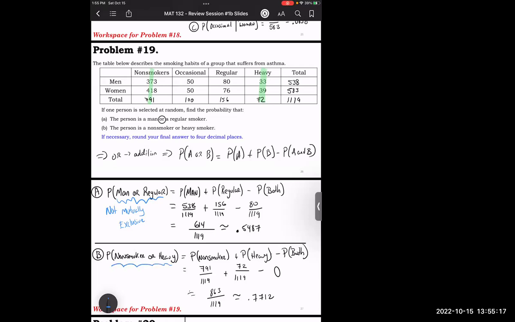In part B, it's mutually exclusive because they're disjoint. They don't share any outcomes in common, right? So that's just a couple of extra terminology. All right, that's problem 19. Let's do problem 20, and that would wrap up the show.